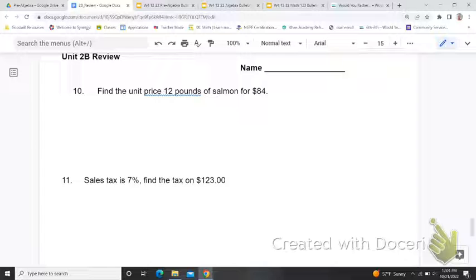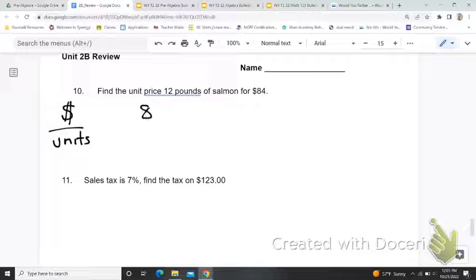All right, here on our next page, now we have find the unit price if we bought 12 pounds of salmon for $84. So unit price, remember, we need to take the dollars, divide it by the units.